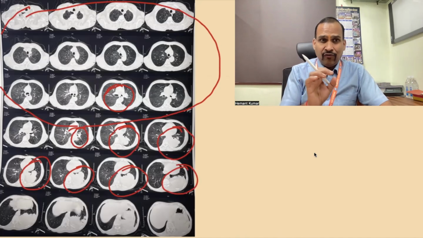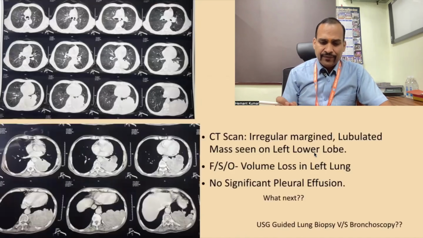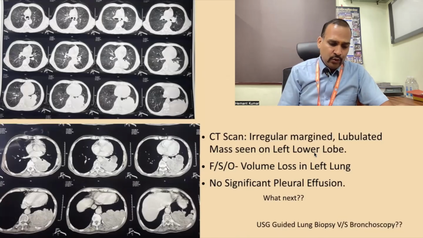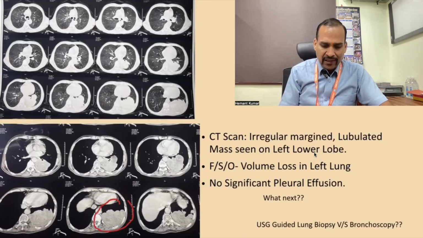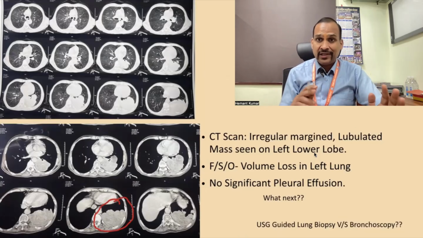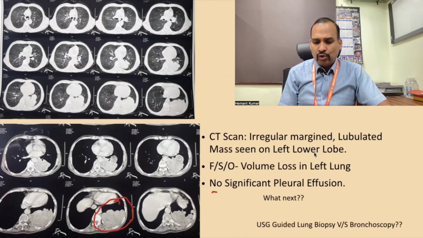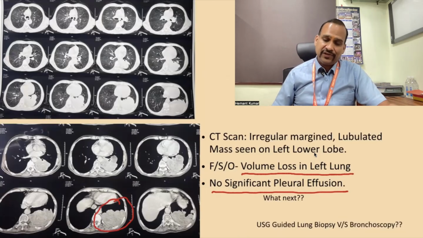For better appreciation, you have to see the mediastinal window. In the mediastinal window, if you see carefully, you can find there is an irregular margin, lobulated mass in the left lower lobe. So you can see this is a mass in the lower lobe, with an irregular surface and lobulated nature, and there is no significant pleural effusion, but there is slight volume loss on the left side.